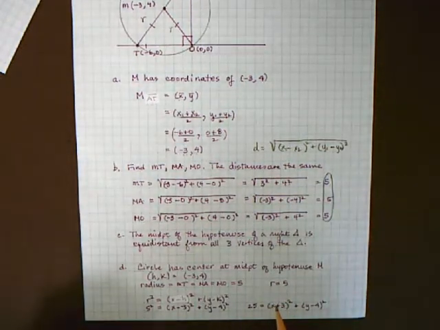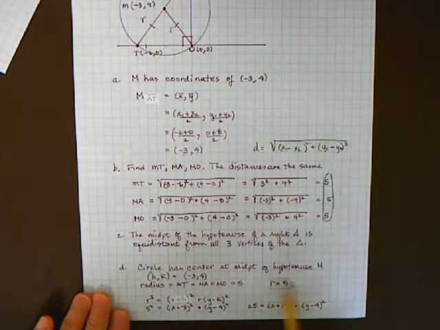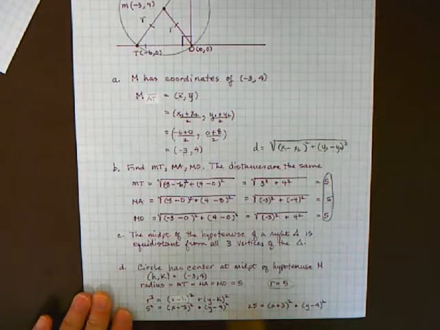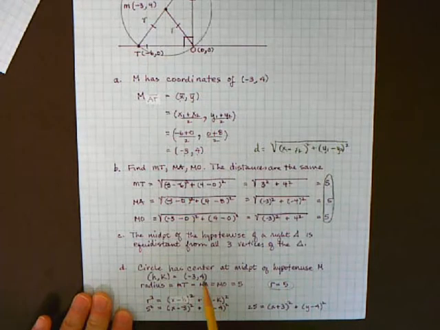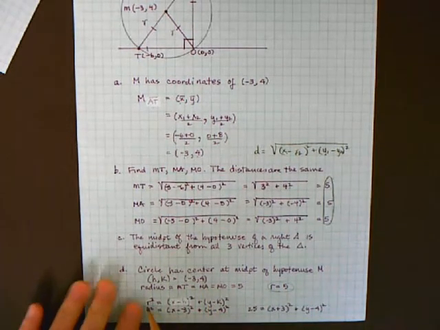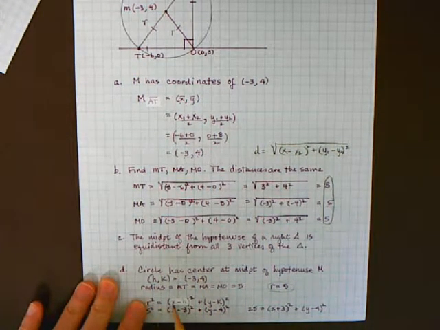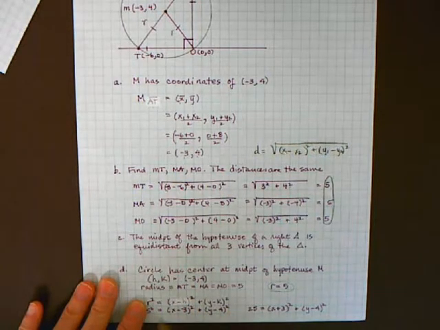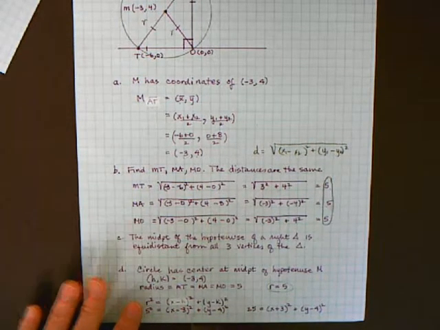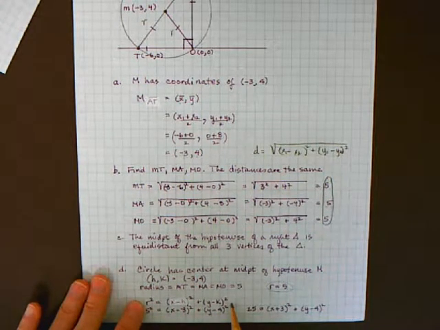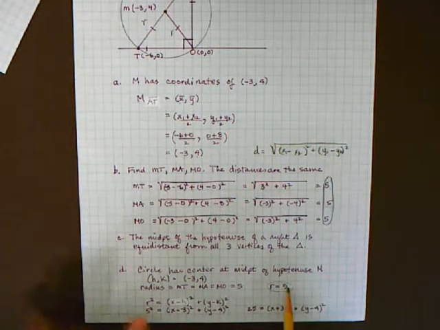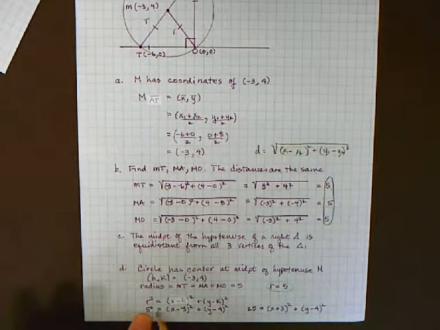Okay, so we know that the radius is 5, like I said, and we know that the center is negative 3, 4. Okay, and so we have this equation here that the radius squared equals x minus h quantity squared plus y minus k quantity squared. That is the equation of a circle. And now it's just plug and chug. Just plug it in. 5 squared, 5 for the radius, equals x minus h.